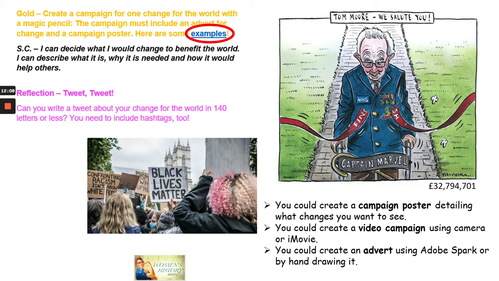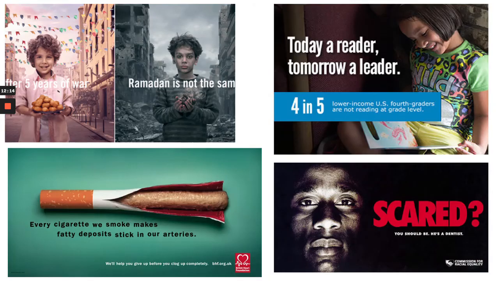I've just popped a few more examples of some real life campaign posters here. So if you wanted to do a campaign poster or advert, here are some examples in real life that might help you. Top left here, we've got an advert for a campaign about stopping war, showing the before and after of the devastating effects of war, and using a child to really make us feel sympathy and empathy for this country.